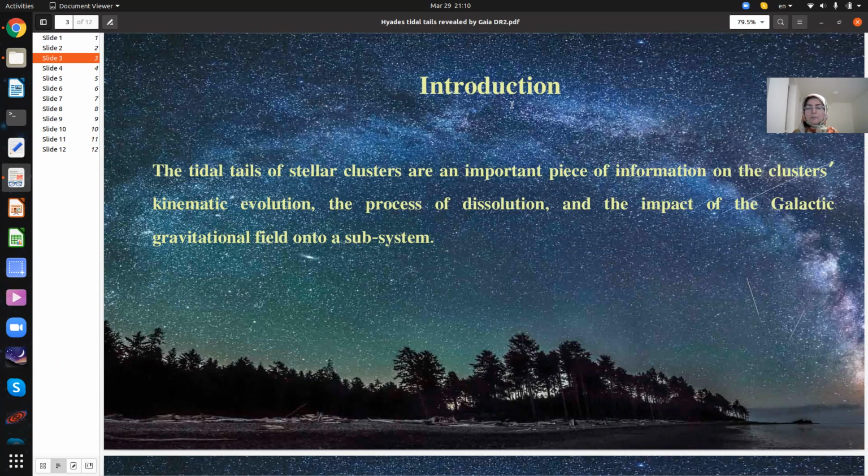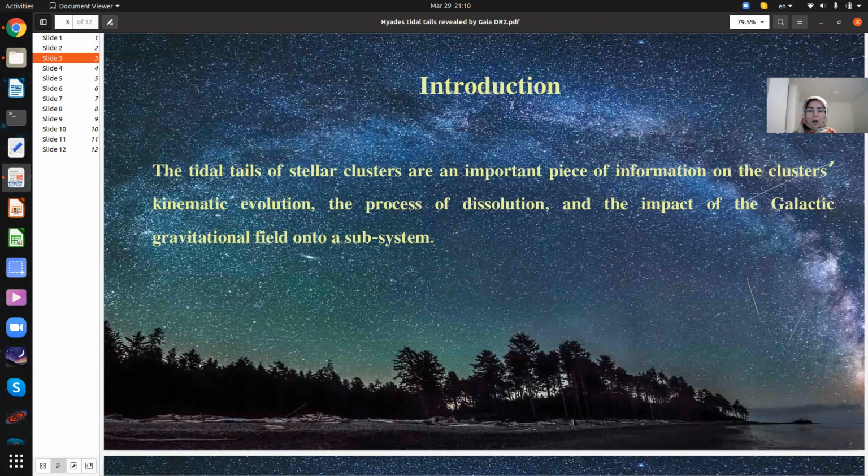The other reason is possible collision with massive molecular clouds, which can destroy part of the tidal tails. The tails mostly contain stars, so molecular clouds can pull or push the stars out of the tails, so we cannot detect them.